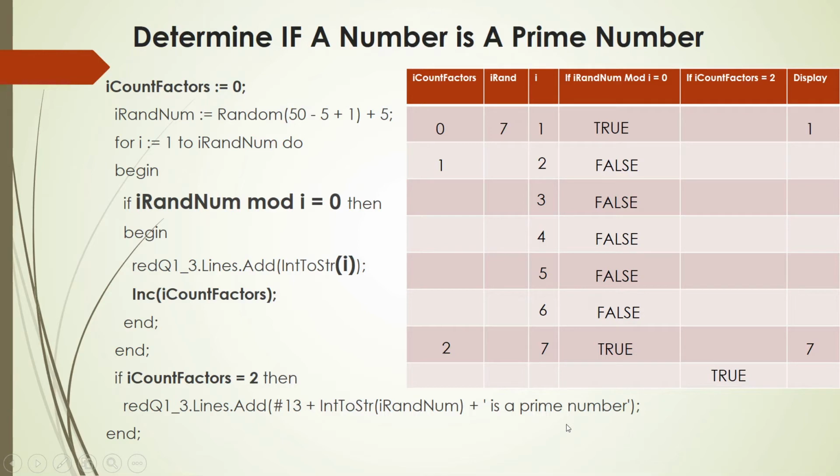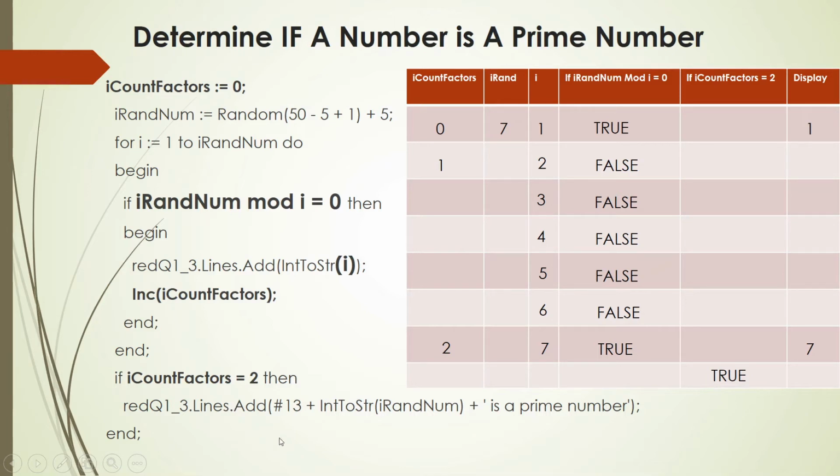So it's going to display 7 is a prime number under the display section. The column was small, so I couldn't really display it, but it will display on a rich edit that the random number is a prime number.